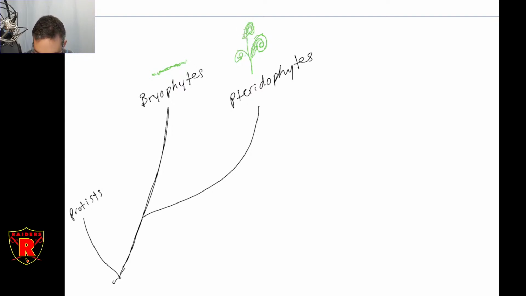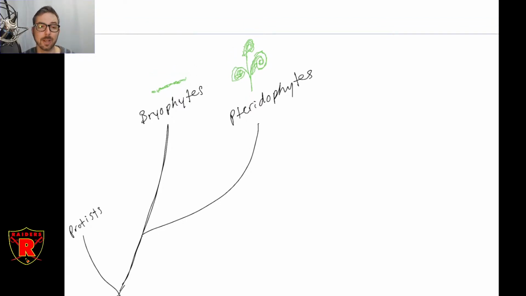This is my attempt at drawing a fern. Okay, so those are pteridophytes. They do have vascularization, and there's a branch off of pteridophytes evolutionarily. That is gymnosperms.